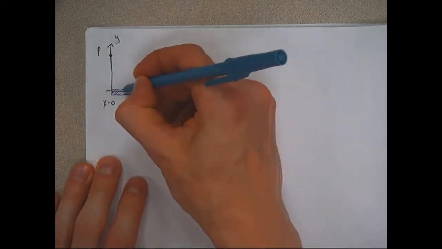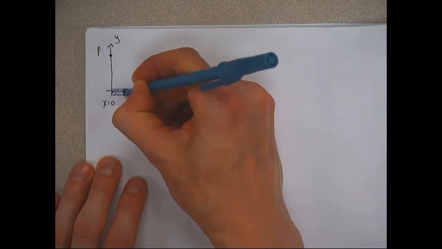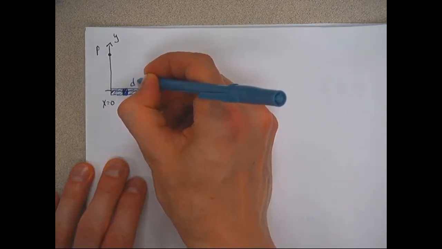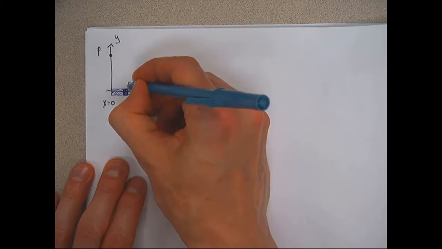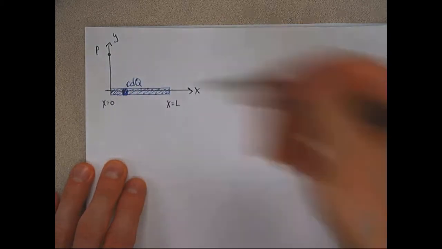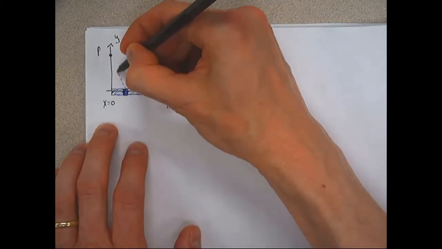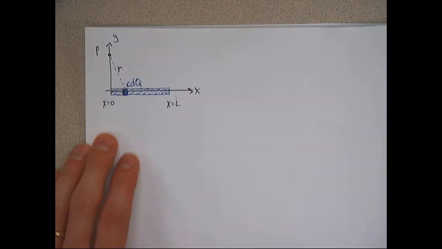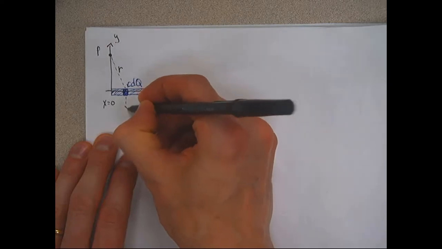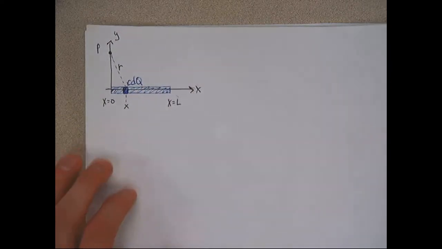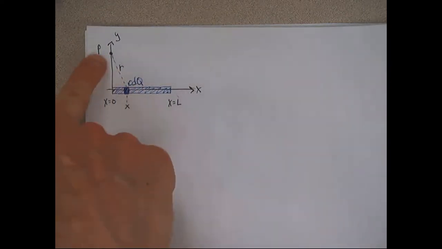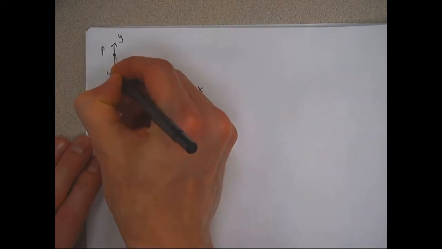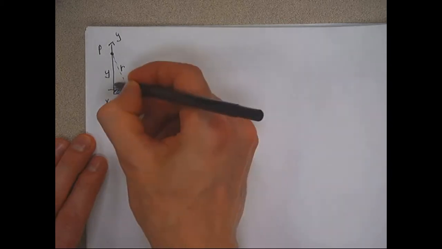We'll choose one dq and label your distance r. We'll just quickly go through the problem solving steps this time. It is located at the position x along the x-axis, and this point P will be a generic distance y above the axis.